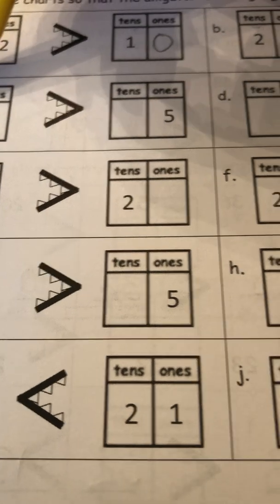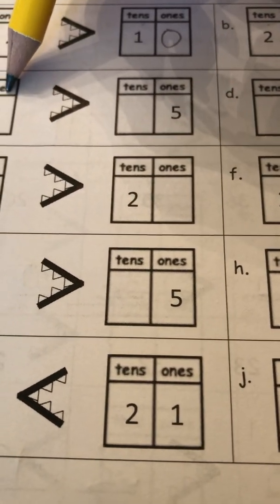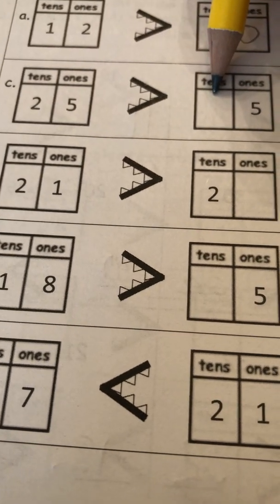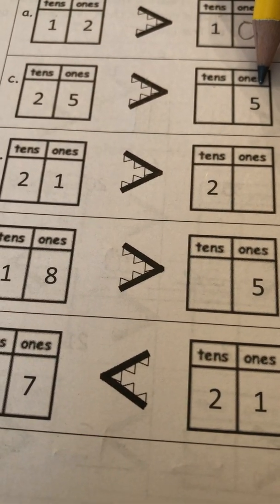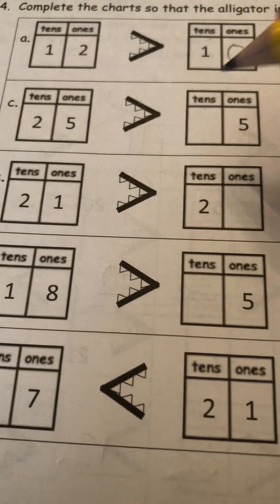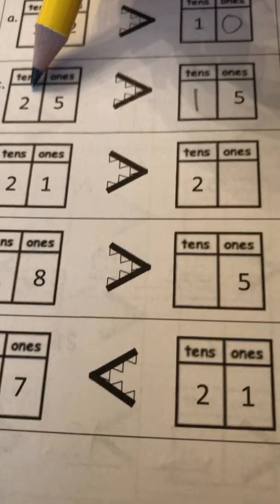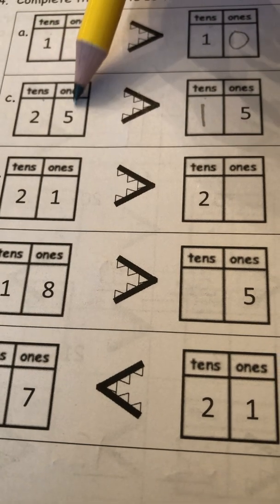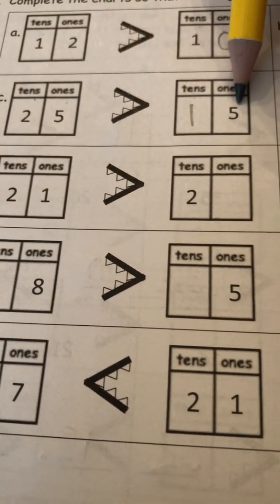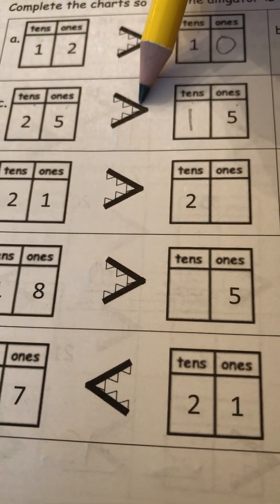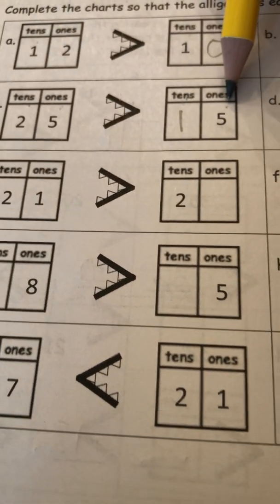Letter C. 2 tens and 5 ones are greater than something tens and 5 ones. I'm going to put a 1 there. So now it reads, 25 is greater than 15, or 2 tens and 5 ones is greater than 1 ten and 5 ones.